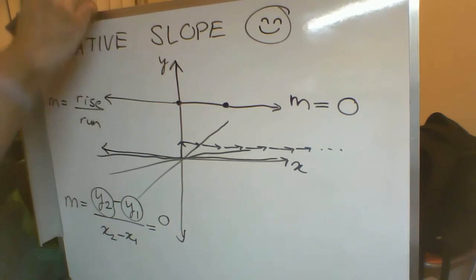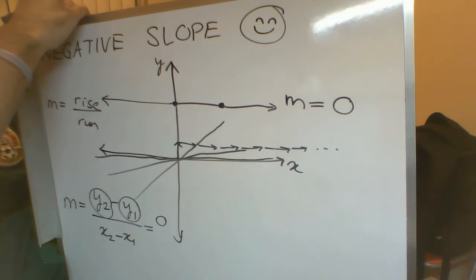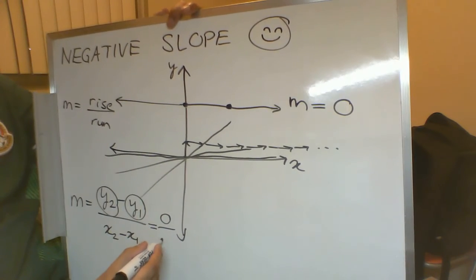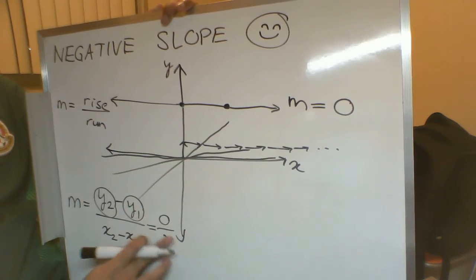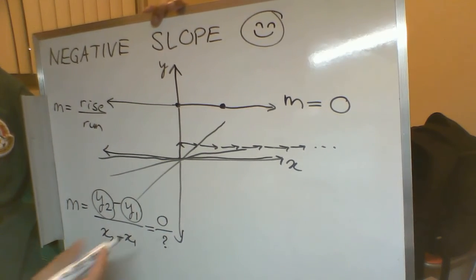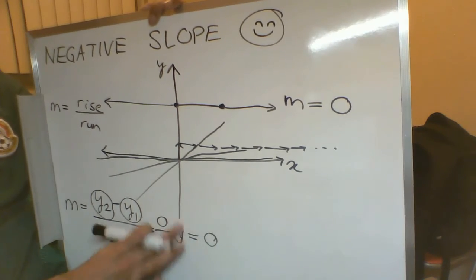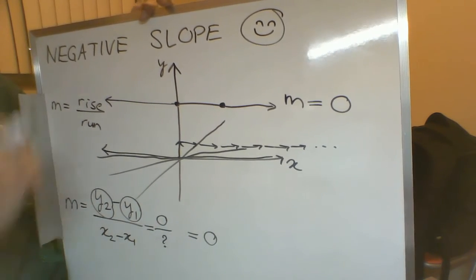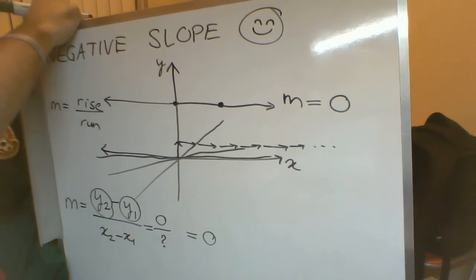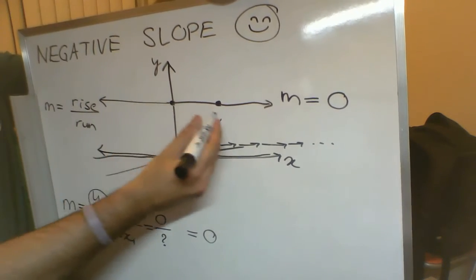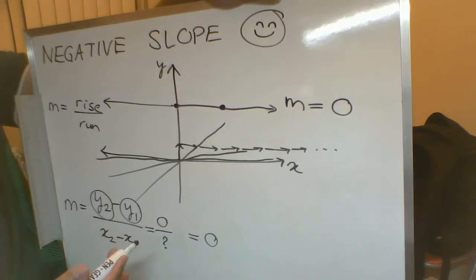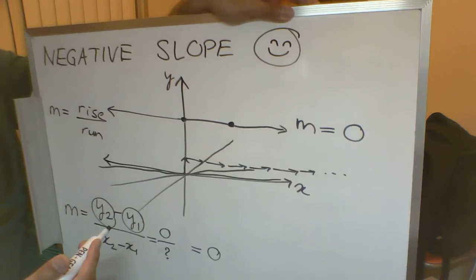And if I'm left with that 0 on top, then it doesn't matter what the denominator is, because 0 divided by anything, who cares what number goes down here, is still going to equal 0. We don't care what we're dividing 0 by. So as long as we know that the y-coordinate of the 2 points is exactly the same in both of them, then we know our slope is 0.